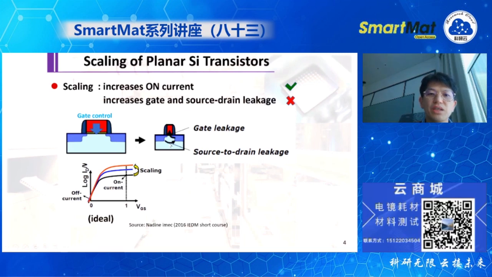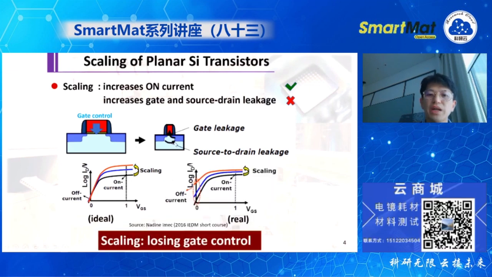However, if the source-drain distance becomes shorter and shorter, maybe down to a few tens of nanometers, the source-drain leakage becomes very pronounced. What actually happens, as shown on the bottom right, is that the off current basically increases. This phenomenon becomes very pronounced particularly when the device gate length, the channel length, is shorter than 20 nanometers.